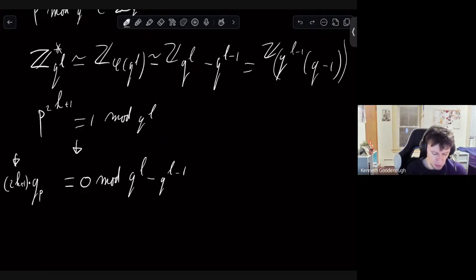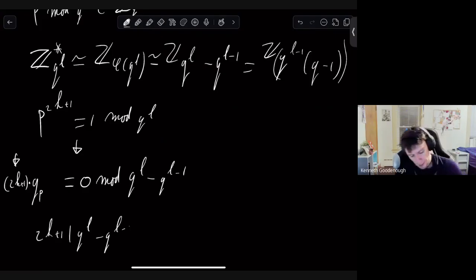My initial statement is that we should have that 2k plus 1 divides q to the power L minus q to the power L minus 1. But I'm not sure if that's actually true. I'm just worried that we might need to look at whether there are any factors in common or something like that.